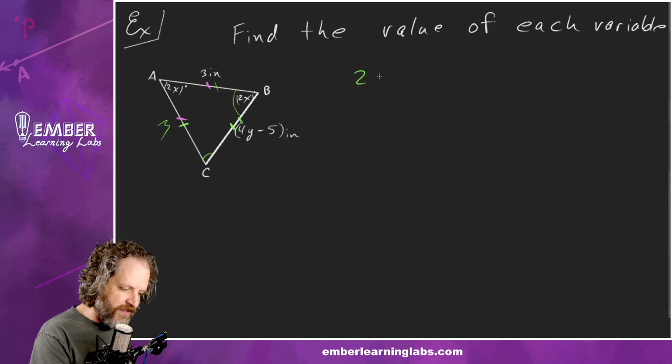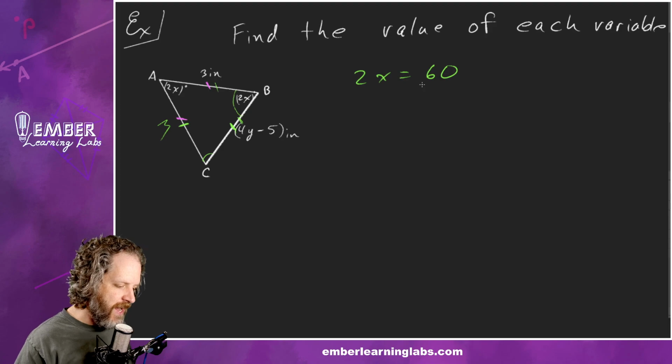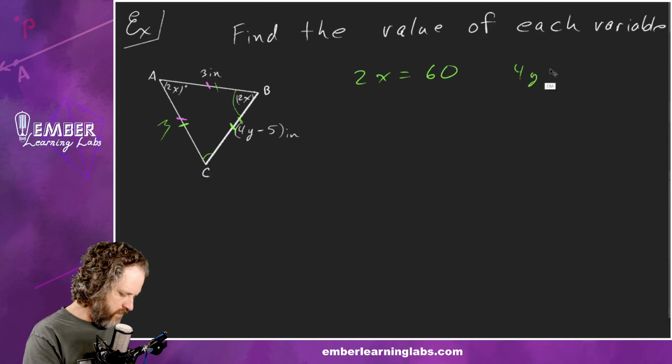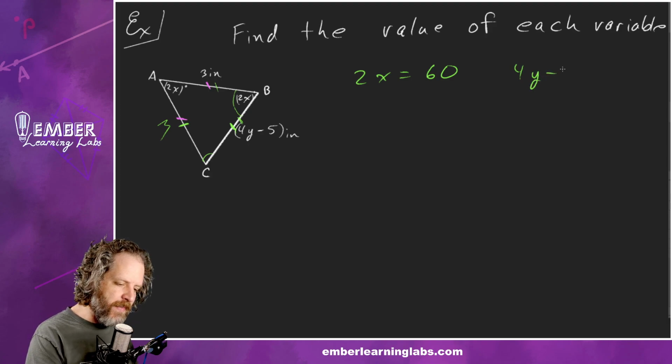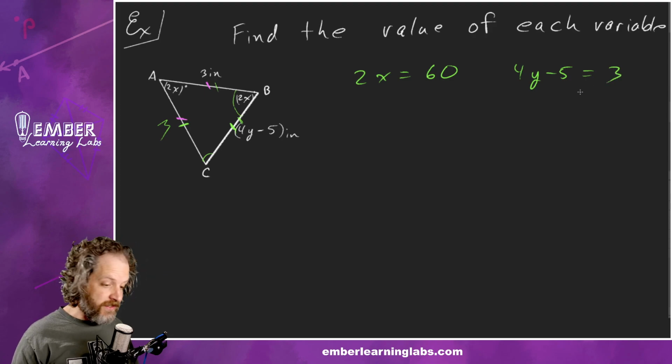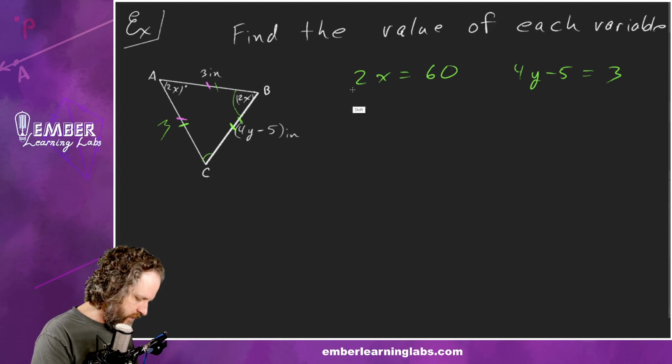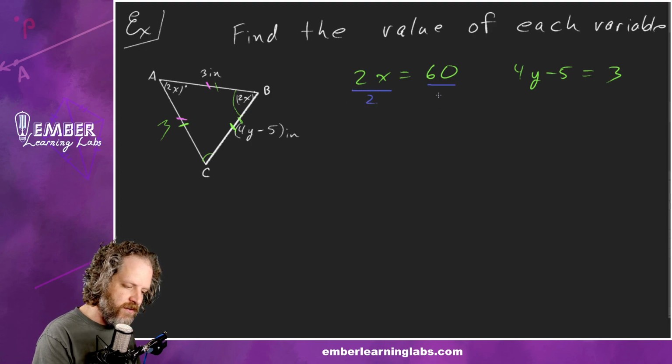So 2x would equal 60. And these sides are the same. So 4y minus 5 equals 3, right? So we've got equations. Let's solve them. They're easy peasy. This one we're going to divide by 2.